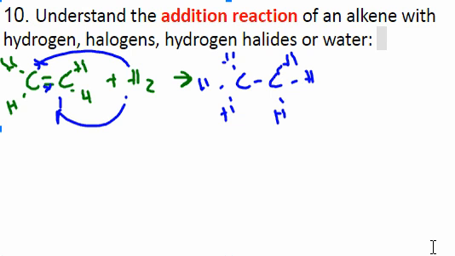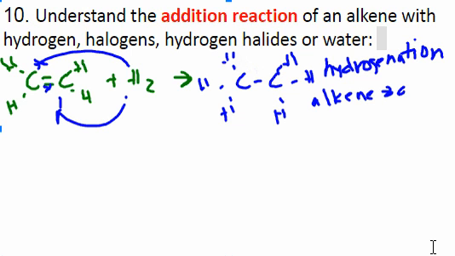So the reaction with hydrogen is called hydrogenation, adding hydrogen, and the result is your alkene becomes an alkane. The double bond is broken and hydrogen is added.